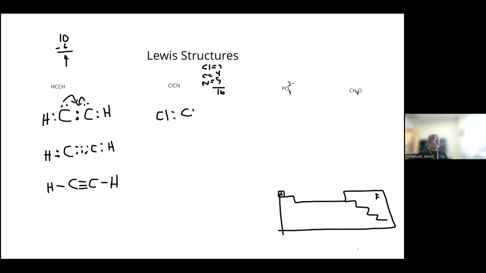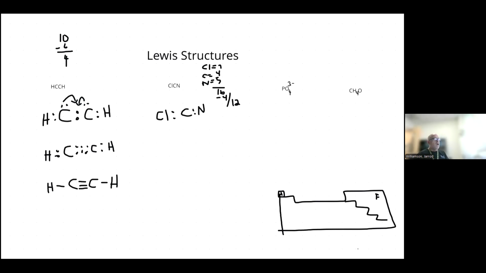I'm not going to put it on the chlorine because chlorine's a terminal atom. Yeah, 16. Subtract off 4. That leaves me 12 valence electrons.